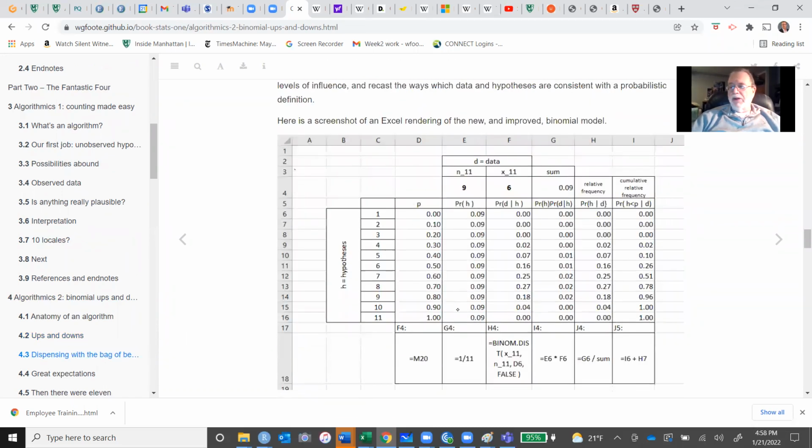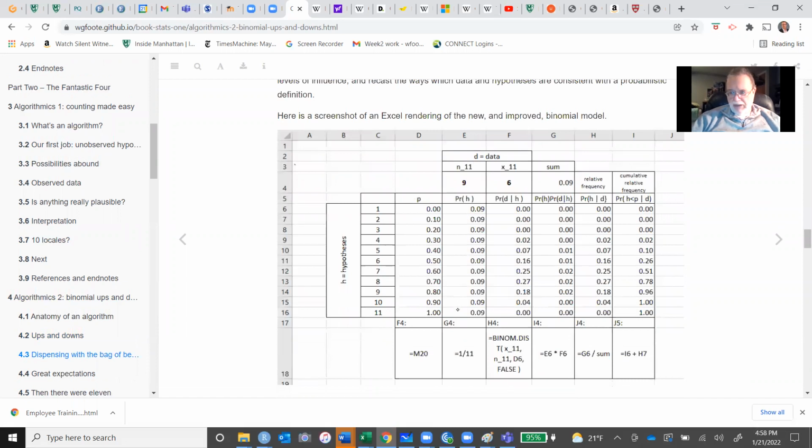And then what we're going to do in part 2 of this lecture is build this model. We'll dispense with the bag of marbles, the bag of beans in this book, and just expand our horizons. We'll expand the number of hypotheses. You can make this up to 1,001 hypotheses, like 101 Dalmatians, Disney style.